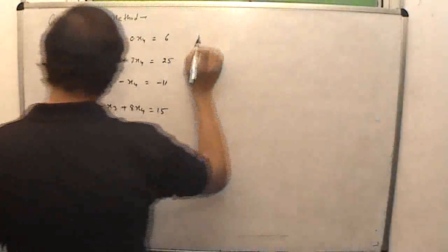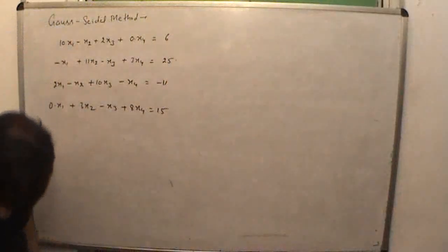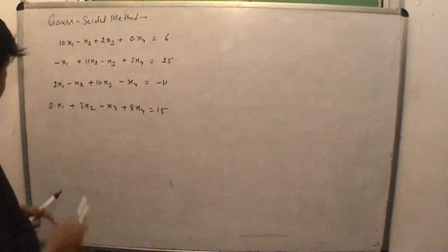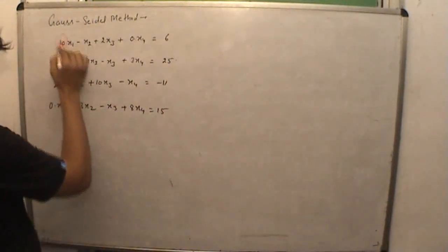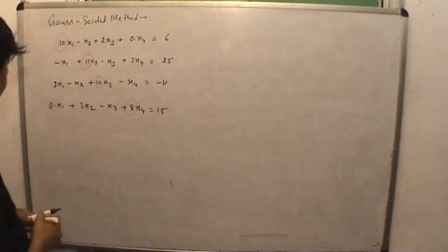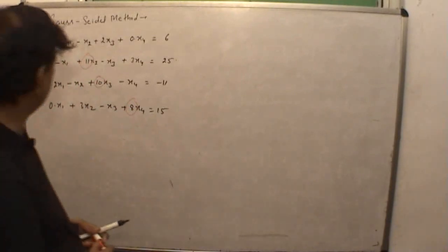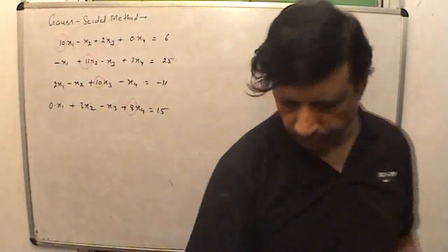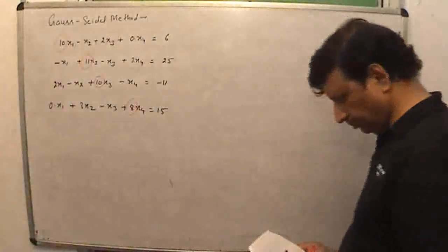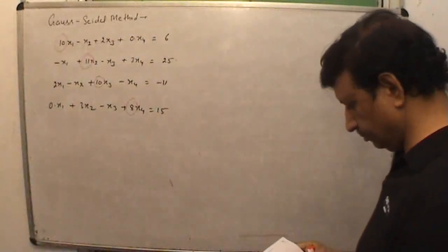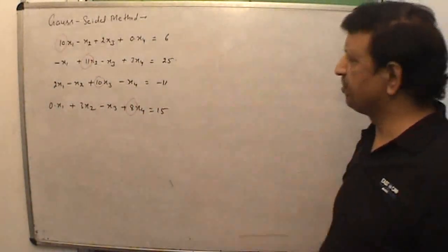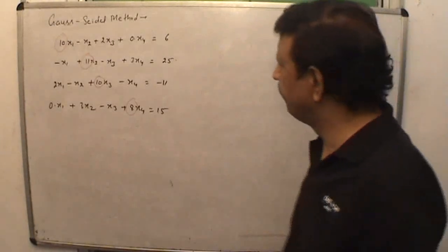See, these are the diagonal elements: 10, 11, and so on. So we keep the system as it is given.